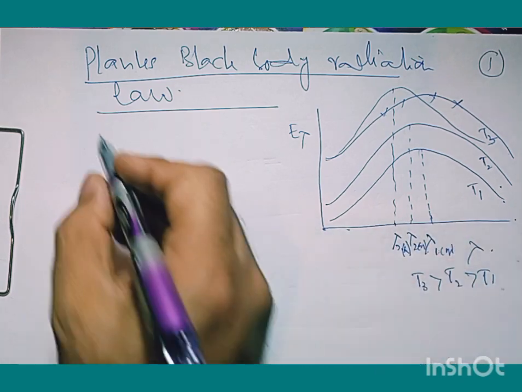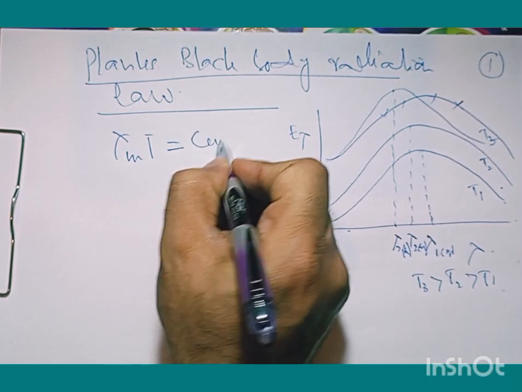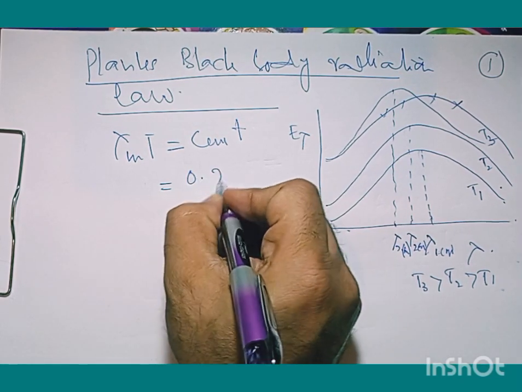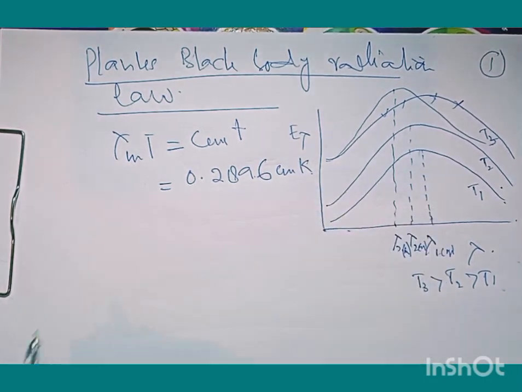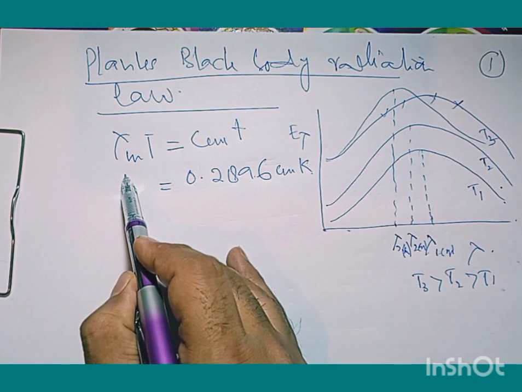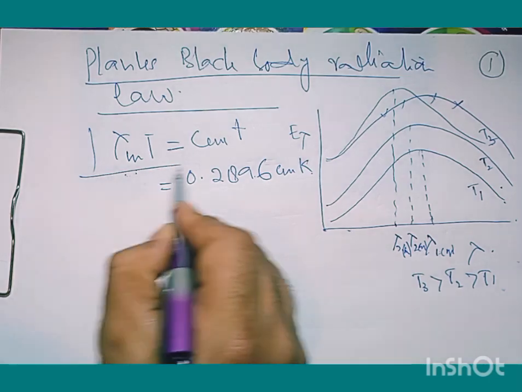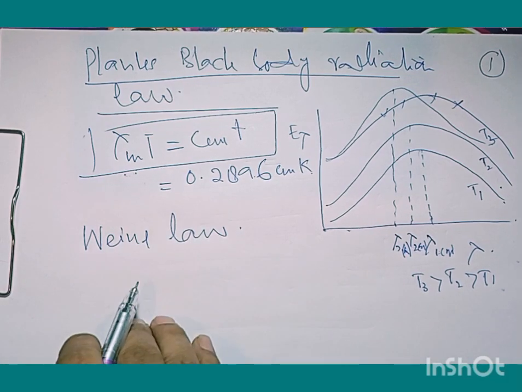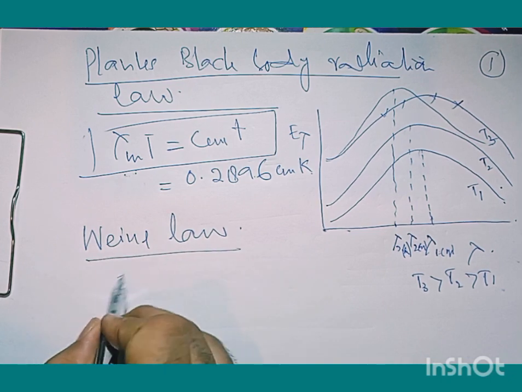And this lambda m times T comes out to be a constant. This constant, as calculated in the original experiment, is 0.2896 centimeter Kelvin. This lambda m is the wavelength for which the energy emitted is maximum. This relation is called Wien's law, and we may call it Wien's displacement law as well.